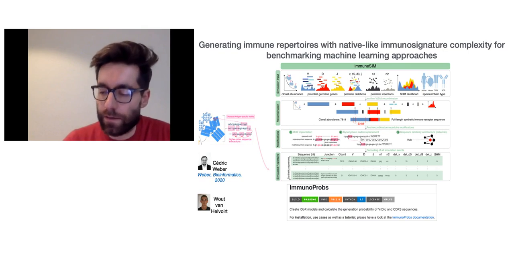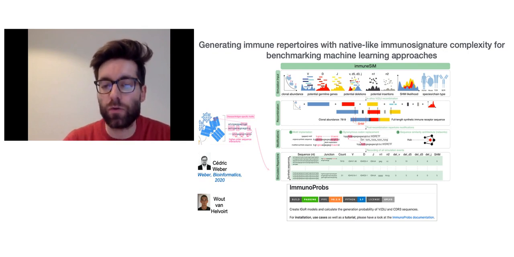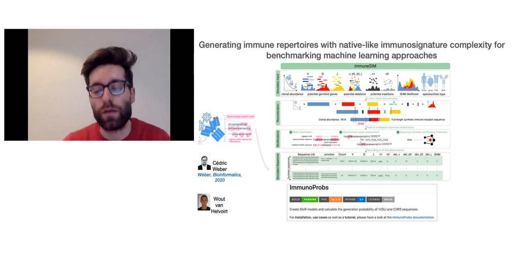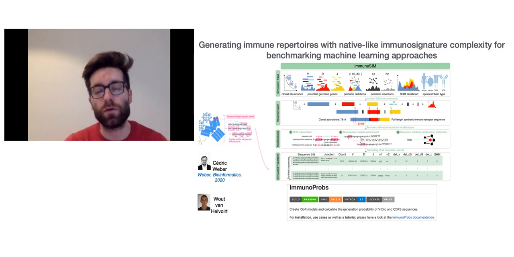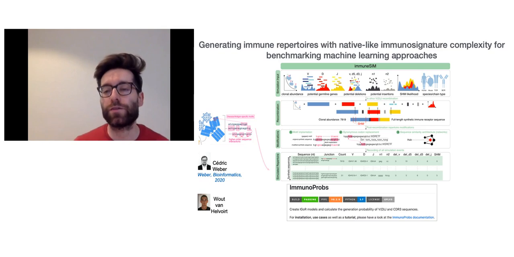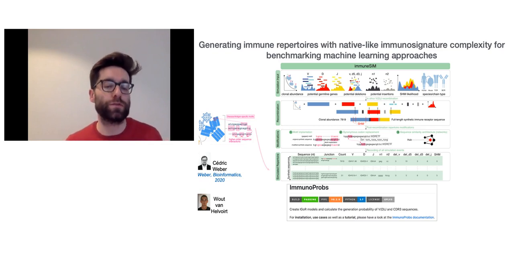Whenever I talk to people, many people just tell me, yeah, we just need good data and then we can solve everything using machine learning. That's not really true, because even if I gave people huge amounts of data with all immune states and antigen binding, very, very few would have a machine learning framework ready for a specific research question.